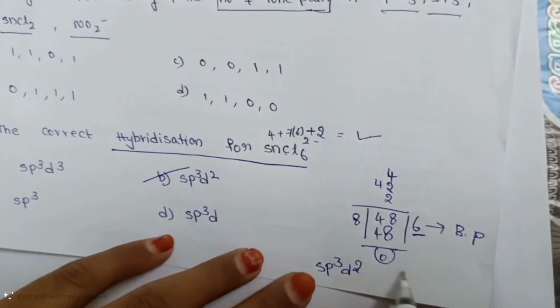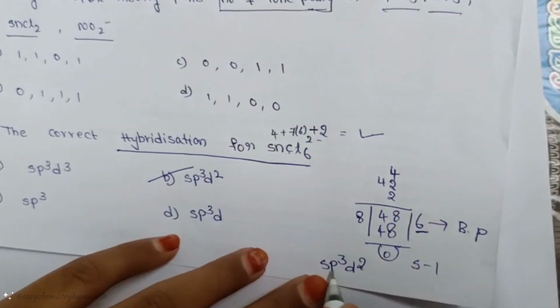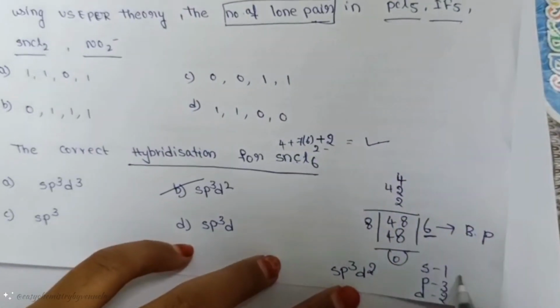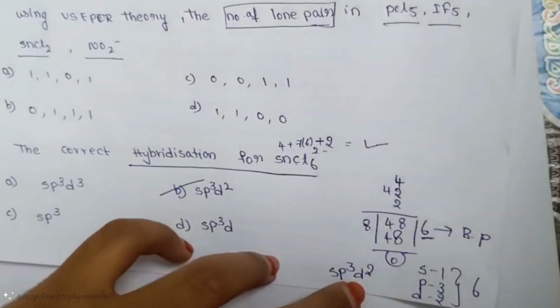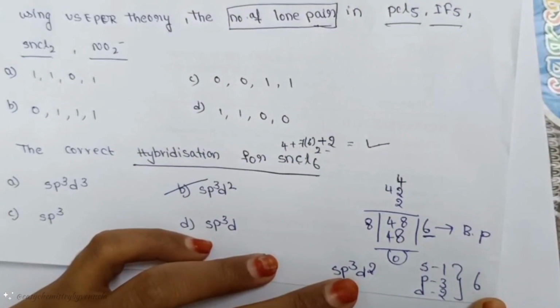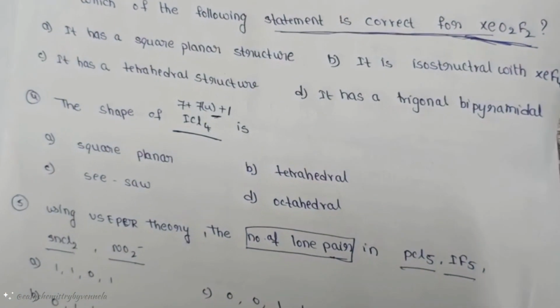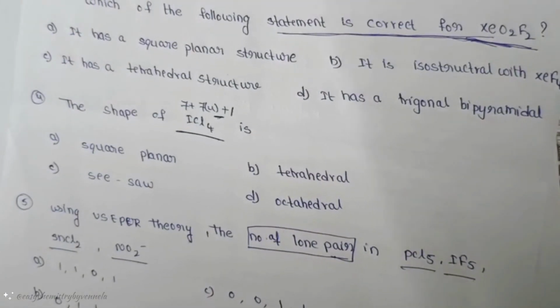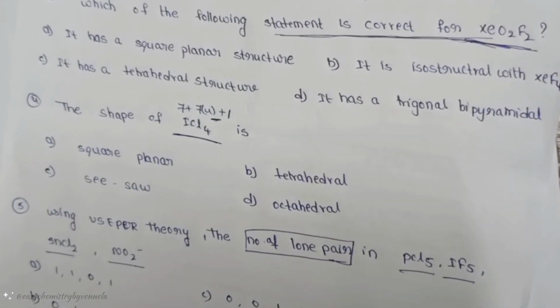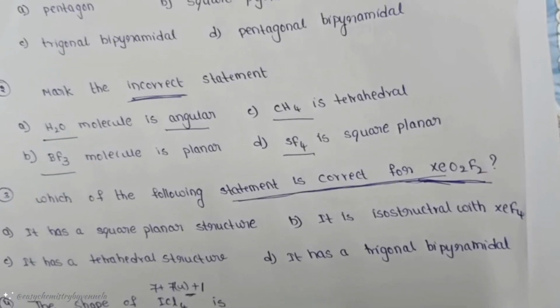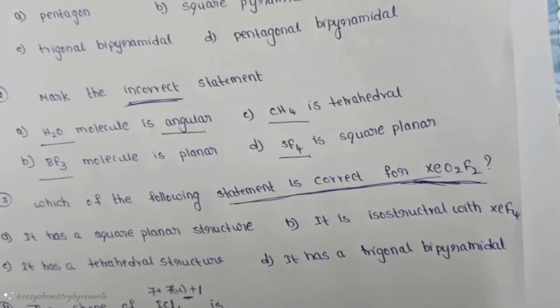6 means here S1, P3, D2, total 6. Okay, I think now you understand. So you can practice these bits. You can understand clearly. If anyone has doubt on this topic, you can comment to me.